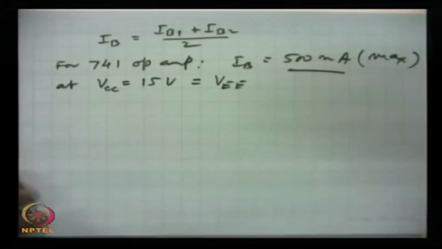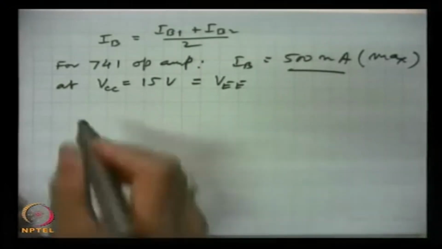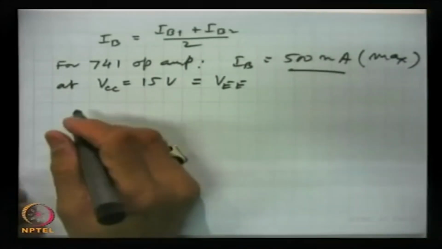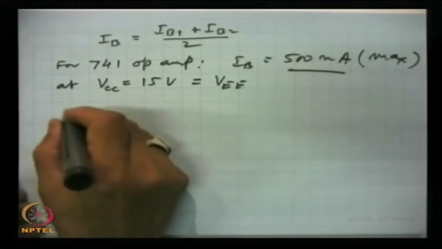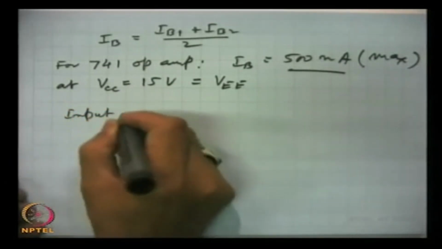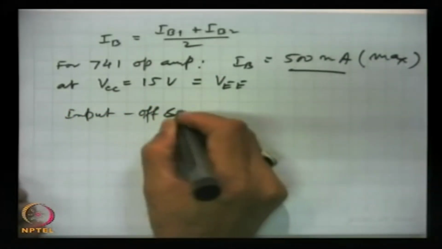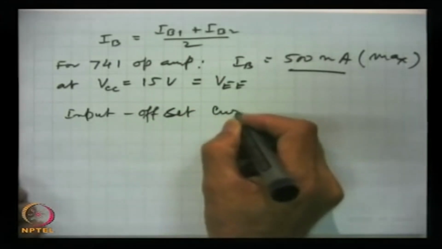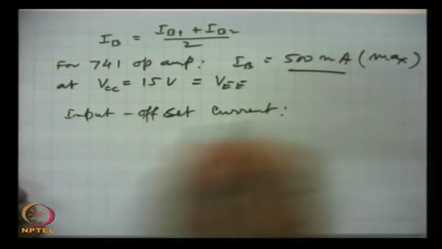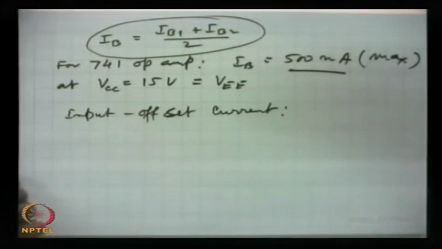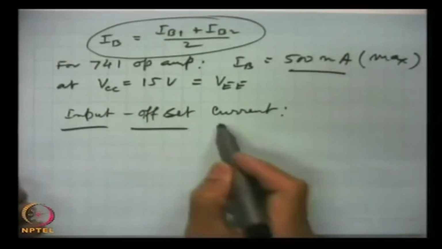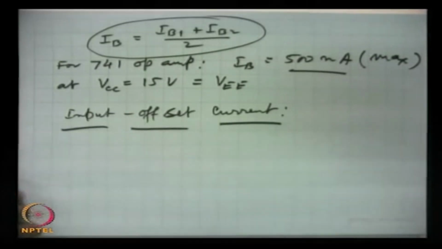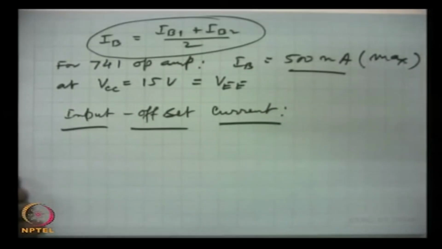There is another specification, input offset current. The input bias current is the average of the two currents, and this input offset current is defined by the magnitude of the difference of the two currents.